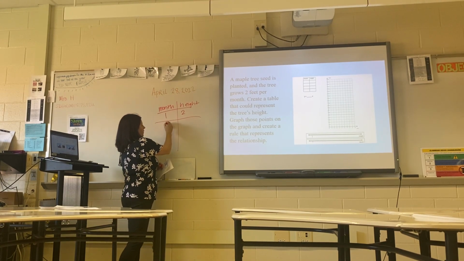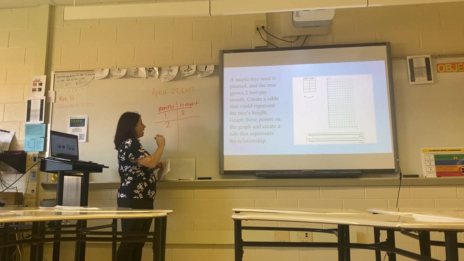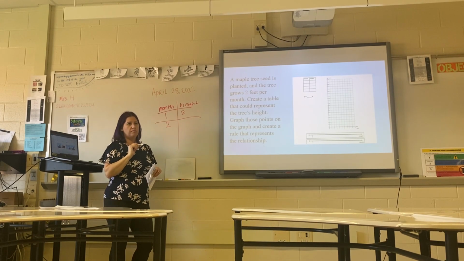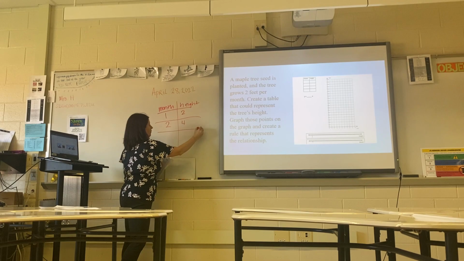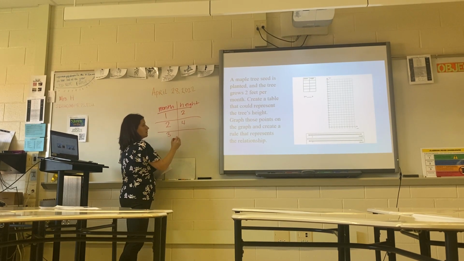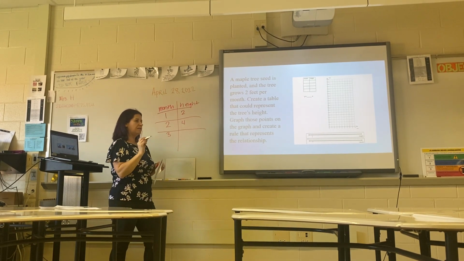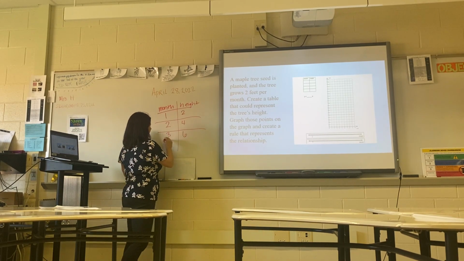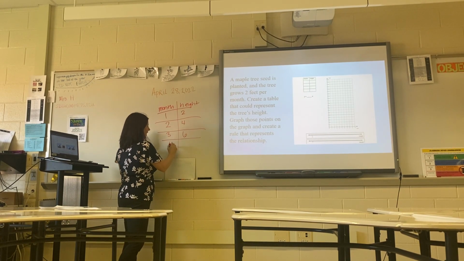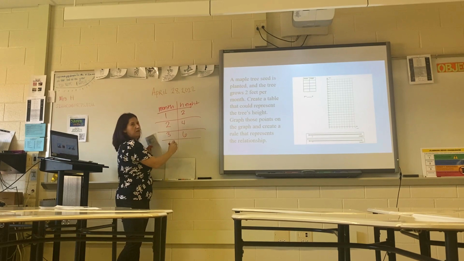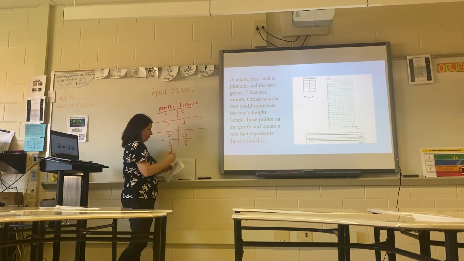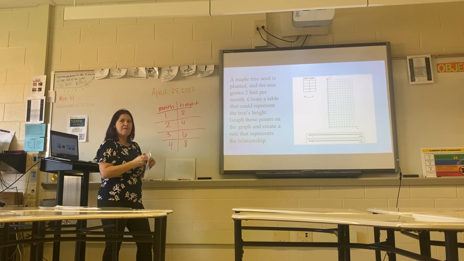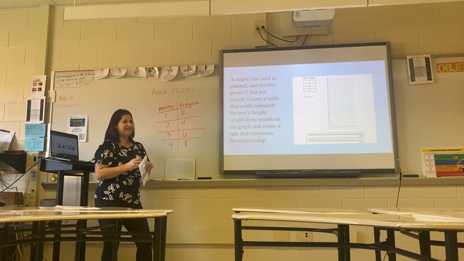And so then if we go to 2 months, how tall has it grown? Yes, it has grown 4 feet. And so 3 months, how many? 6. And then you can just call it out. In 4 months, how tall has this tree grown? Yes, 8 feet. Who thinks they can come up with an equation for this?